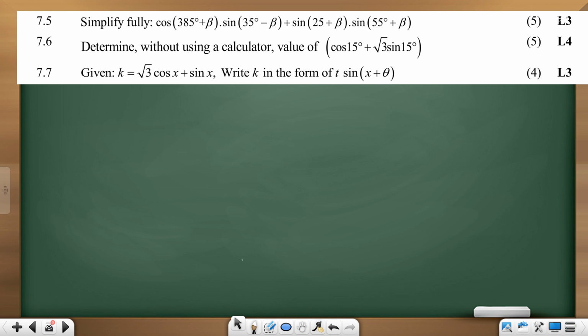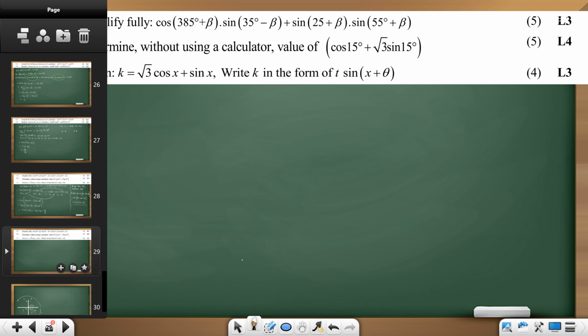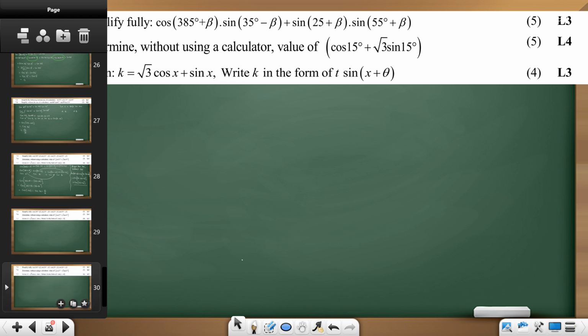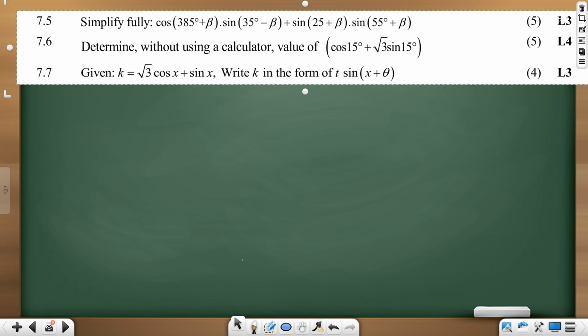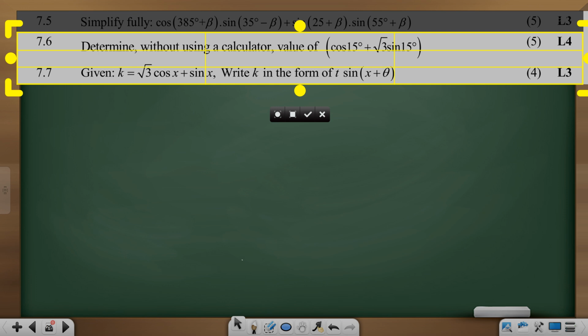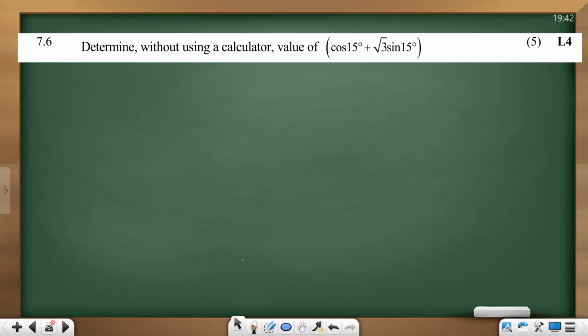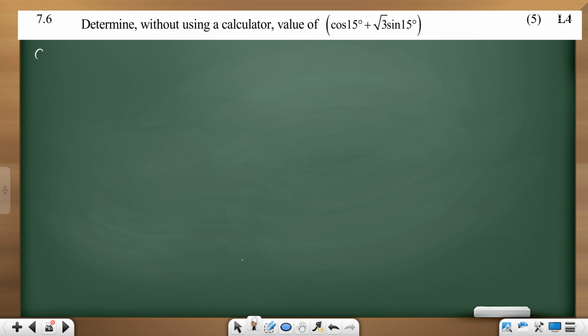Guys, tell me now you have it. Okay, let's do what a normal person would do. Plus root 3 sine 45.